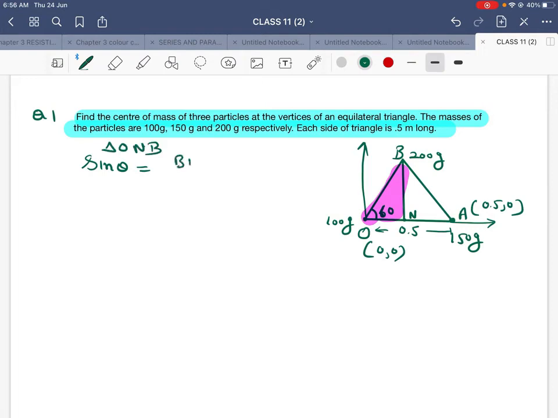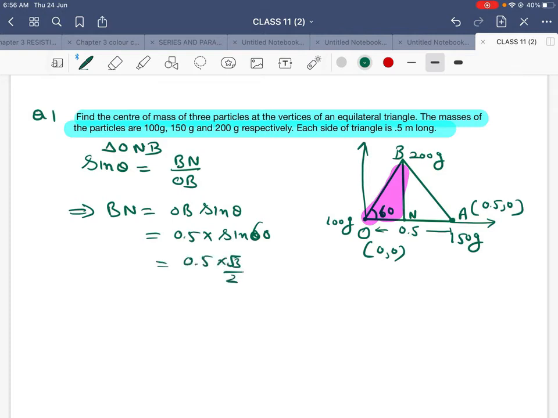Sine theta is equal to BN divided by OB. From here BN equals OB sine theta, and theta is 60 degrees. OB is 0.5, sine 60 is root 3 by 2. So BN, the y coordinate of B, becomes 0.5 into root 3 by 2.